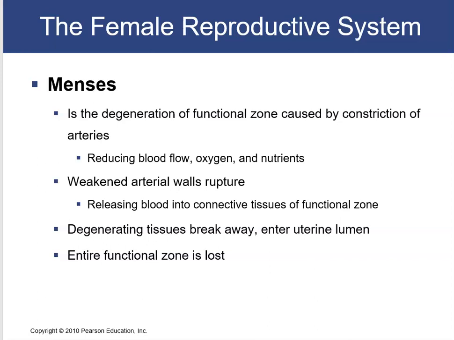This is one main source of the blood that is seen. This blood will be released into the connective tissue of the functional zone. Because these tissues are no longer receiving oxygen and glucose, they begin to degenerate and start to break away from the entire uterine lumen. During menses, the entire functional zone will be lost.